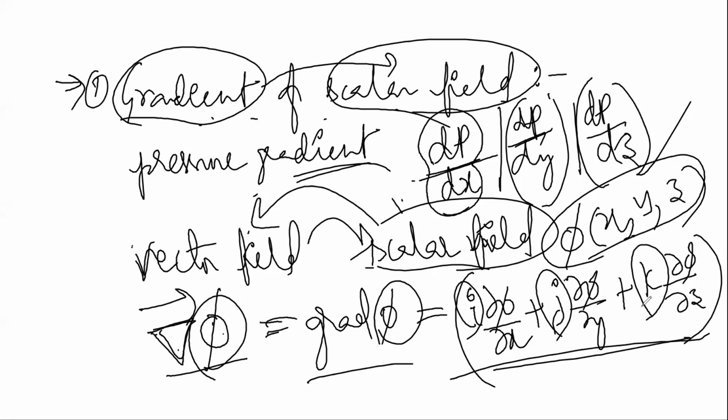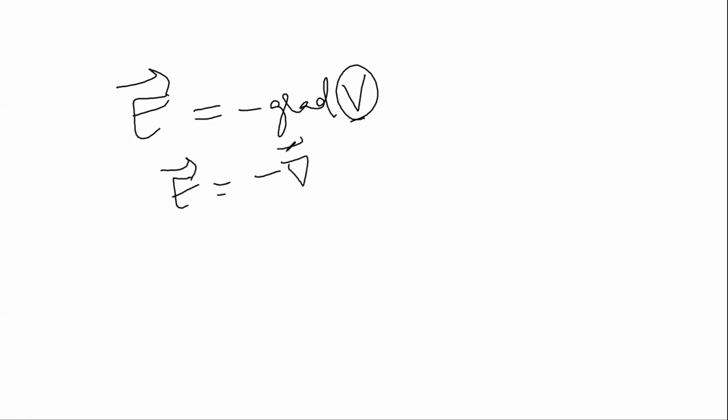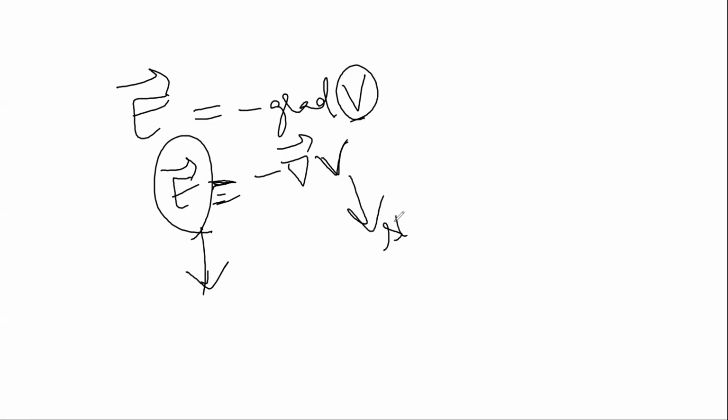Consider the electric field, the intensity of electric field. Let us see an example. We know that the electric field E bar is equal to minus gradient of V, where V is scalar potential. That is E bar is equal to minus grad V. If you have the known scalar potential, you can calculate the electric field, because electric field is a vector while electric potential is a scalar.